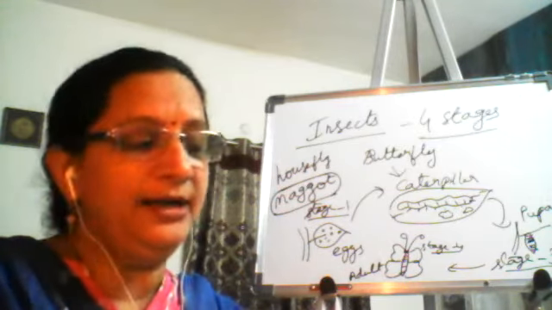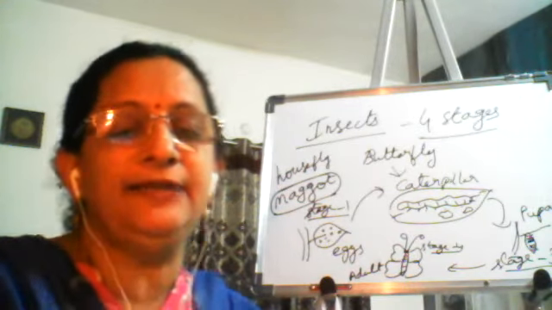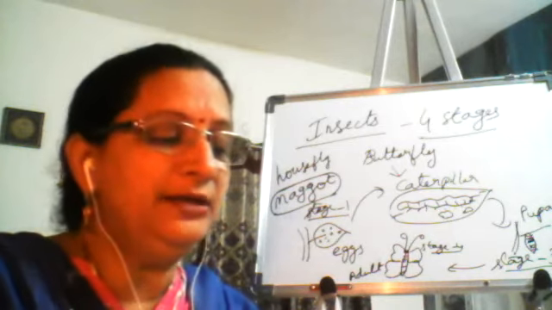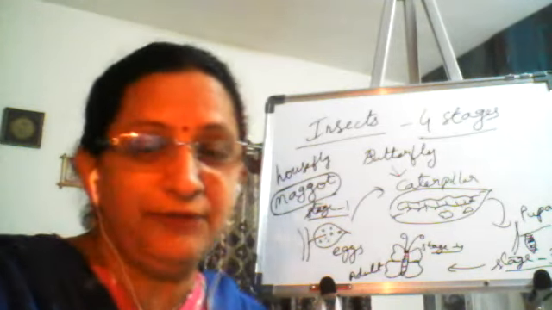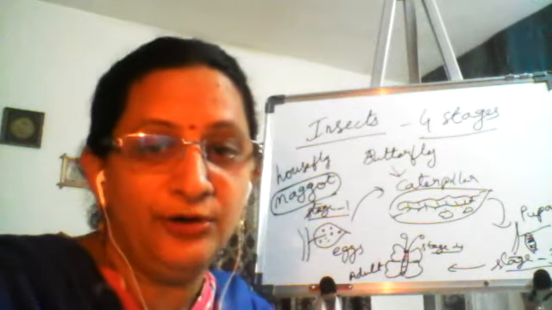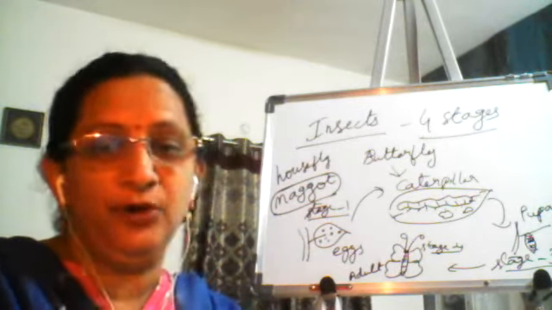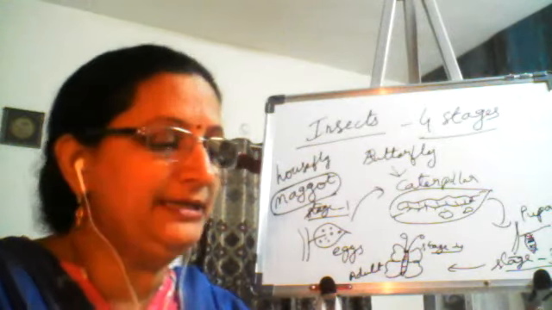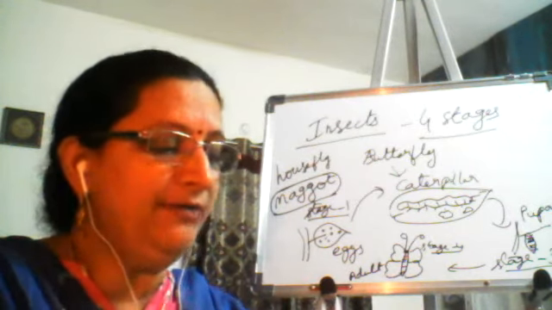Inside the pupa is the developing insect. The developing butterfly will be there inside. So how does the butterfly come out? The butterfly will come out by breaking open this pupa or the cocoon one fine day after developing for so many days, and it will come out and it will fly away.